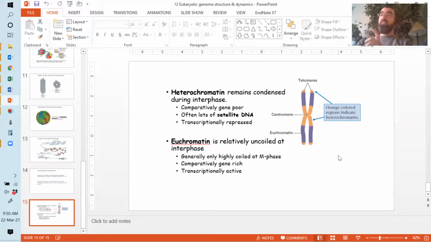And also it can vary just depending on context, right? So even the arms shuttle between euchromatin and heterochromatin depending on need, right? If you're not transcribing a gene from that region, you shut it down because it saves space. Then when you need to access that region, you open it up, transcribe the genes, and shut it down afterwards, right? So it's a really, really efficient way of making the most of the space that's available, yet still being able to do what you need to do as a cell.